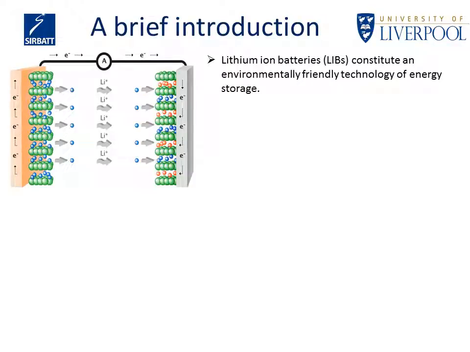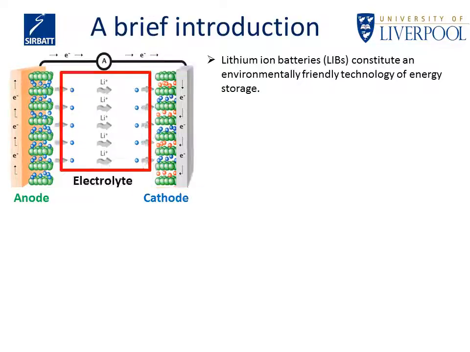Like any other battery, lithium-ion batteries are composed of the following main elements: the anode, the cathode, the electrolyte, which is the medium that separates anode and cathode and where lithium ions move, driven by the electrochemical forces. And finally, the external connector that allows electrons to flow from the anode to the cathode and vice versa.